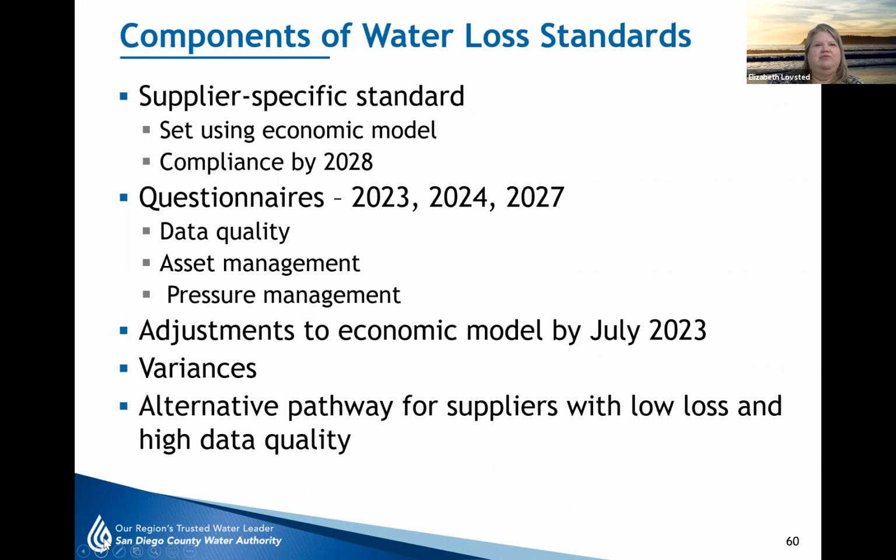Really want to get that done before the end of the 45-day comment period, even before that if you can, just to see how those changes impact the model and the standards. There will be variances, and there will be alternative pathways for suppliers with low loss and high data quality. That's a very limited pathway for suppliers with very low loss. Next slide, please.